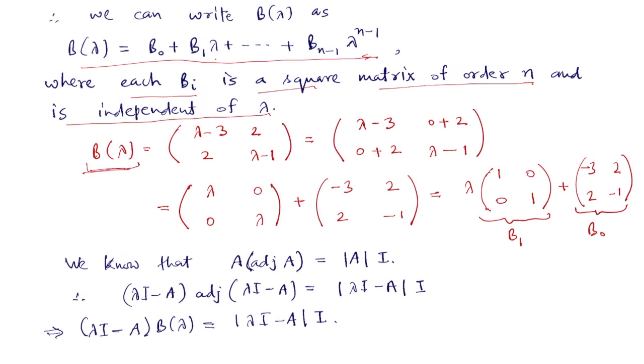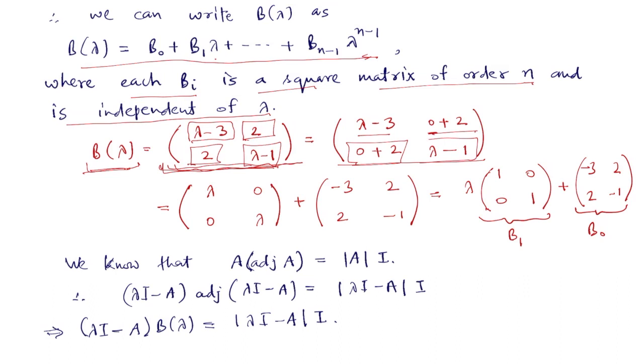We have considered B(lambda) was this one, so we will write this matrix as a polynomial in lambda. In the first entry we have lambda minus 3. In the second entry we do not have the coefficient of lambda, so we take that coefficient as 0. So we write 2 as 0 plus 2. Again this 2 is written as 0 plus 2, and this lambda minus 1 is lambda minus 1.